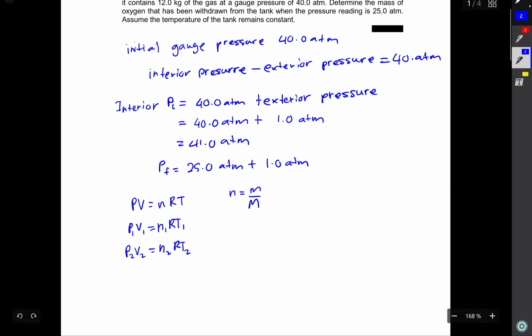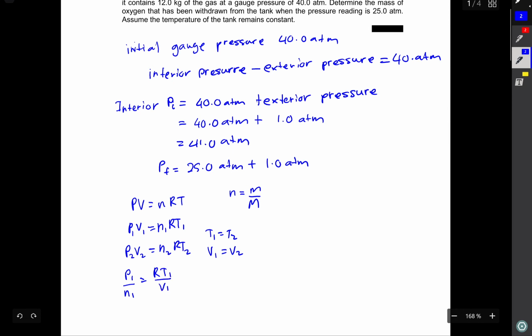In this case, T1 and T2 are equal. The volume of the tank also remains the same, so V1 equals V2, and R is equal, so I didn't need to write those. So I just rewrite these two equations. P1, we need to put n on the other side, so P1 over n1 equals RT1 over V1.